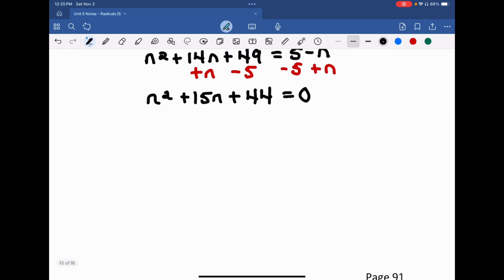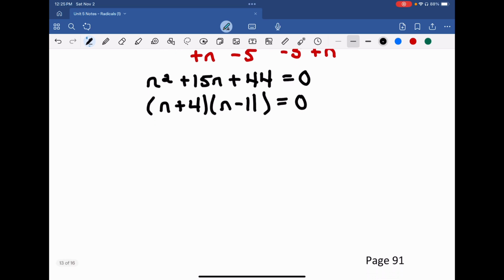Now, what multiplies to make 44 and adds to 15? Those two numbers give n plus 4 and n plus 11 is equal to 0. Therefore, the two solutions are n equals negative 4 and n equals negative 11.